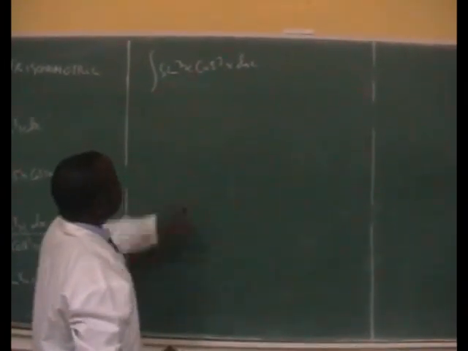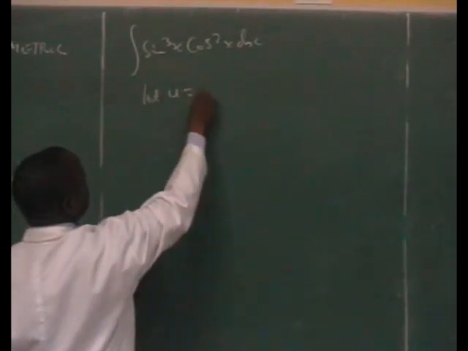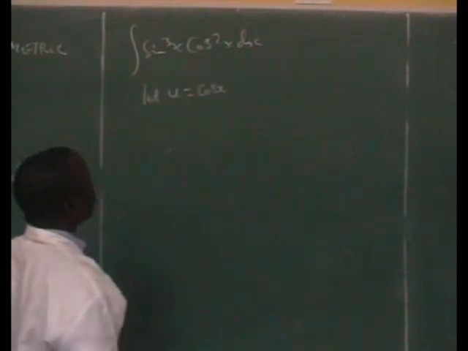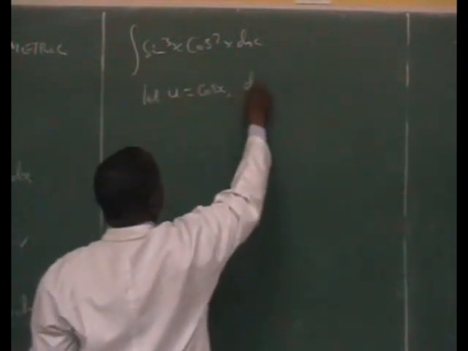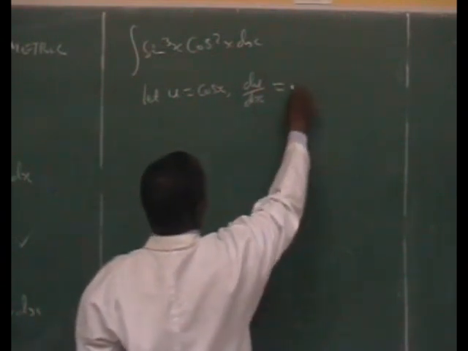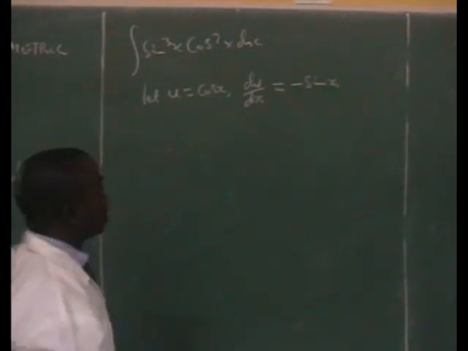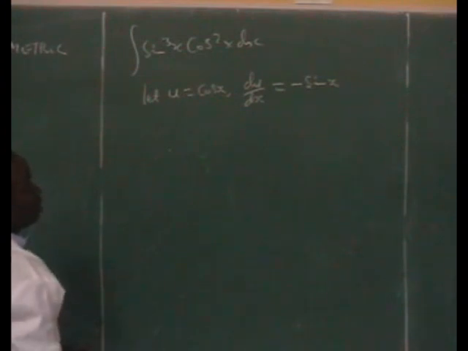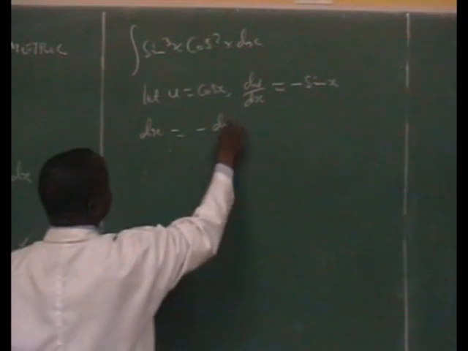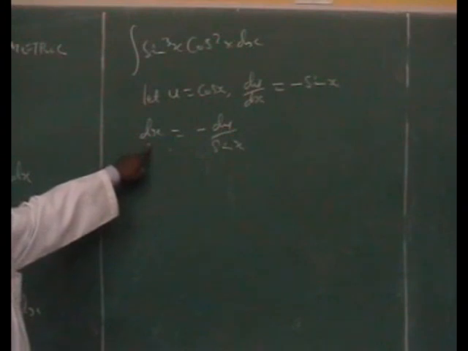Now, this even number, we will let u is equal to cos x. Let u is equal to this one that carries the even number, cos x. And you see that du all over dx will be equal to minus sin x. Of course, if you differentiate cos x, you have minus sin x, which means that dx is the same as minus du all over sin x.